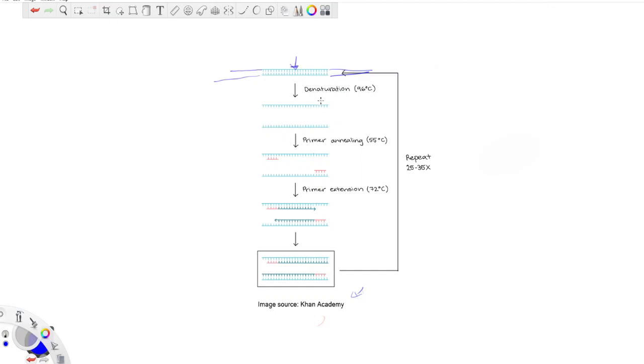From this region, first of all, we have denaturation. We've broken the hydrogen bonds and opened the strand at this temperature. Then we added our primers, and as soon as the primers were added, extension was possible because the polymerase is here adding those chains. We've started with one strand and doubled the number, and we can repeat this about 25 to 35 times.